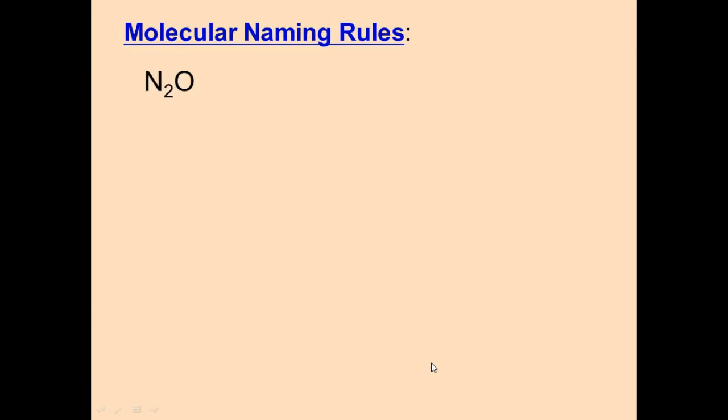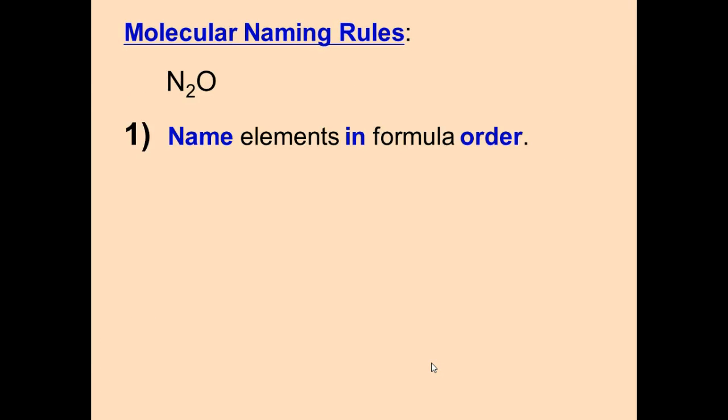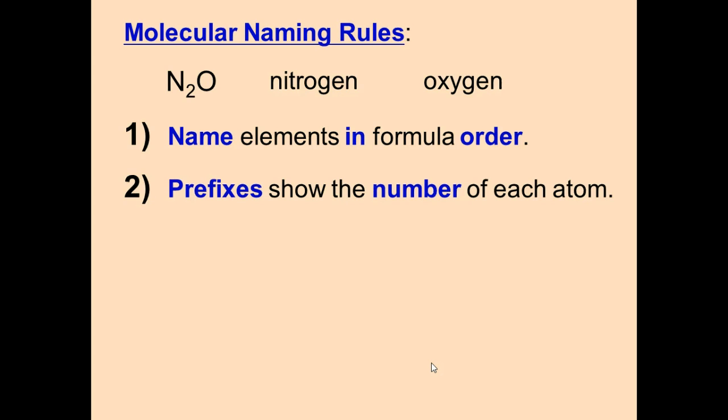And so here are the 4 rules we need to know to name molecules. First, we name the elements in formula order. So if it's N2O, we do nitrogen and oxygen in order. Then prefixes show the number of each atom. In this example, di means 2, so we have 2 nitrogen, so we put di in front of nitrogen, and mono in front of oxygen.